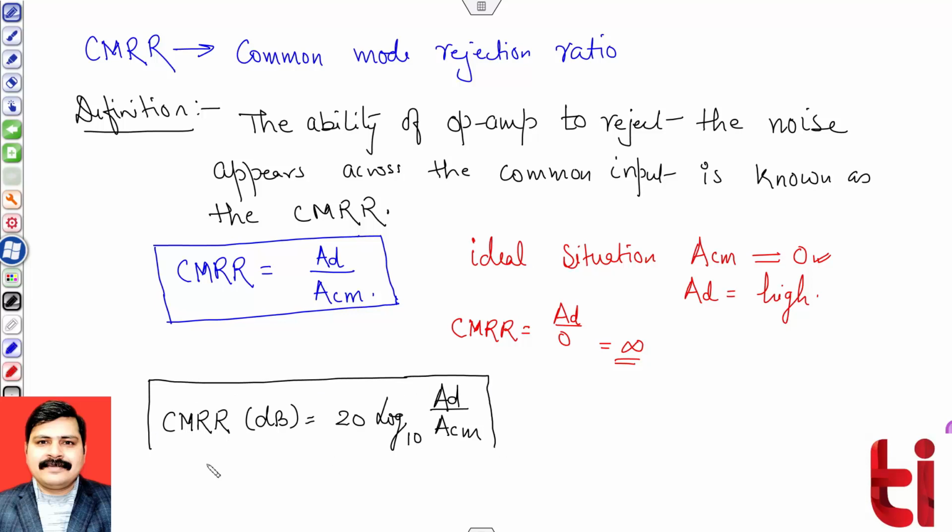Either we can define it in terms of ratio, the ratio of differential voltage gain to the common mode voltage gain, or it can be defined in decibel. In practical situations, somewhere the value of CMRR is of the level of 90 decibel.